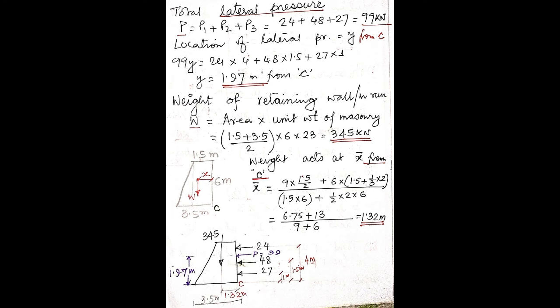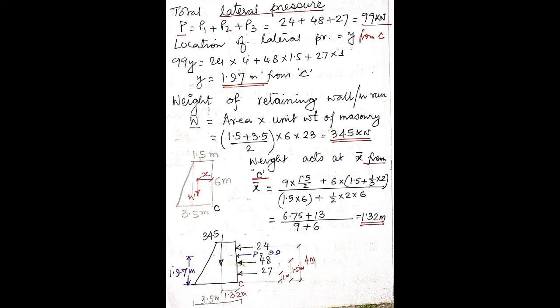If you have not seen the video on centroid and moment of inertia, please see it. There you will find how to find the centroid. As you can see, x bar is the location of the centroid of the weight from the point C. So how will we find it out?